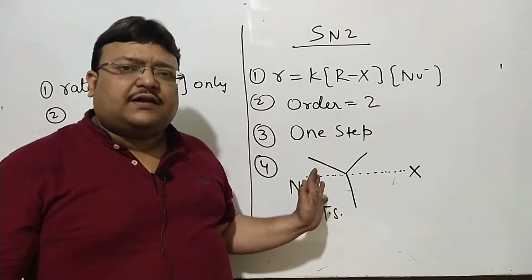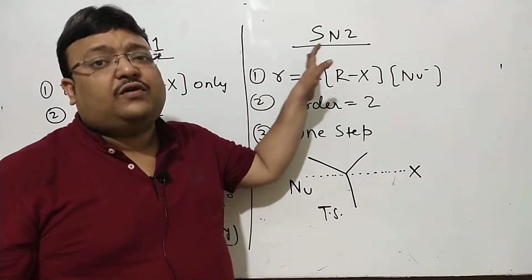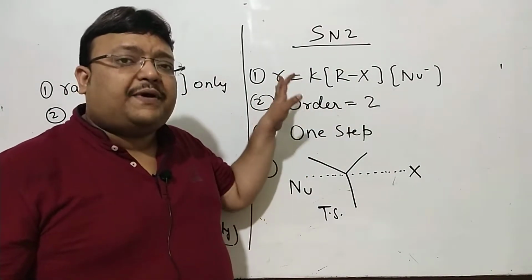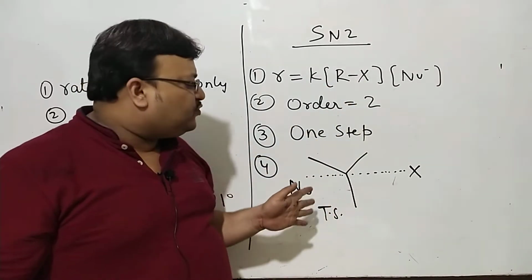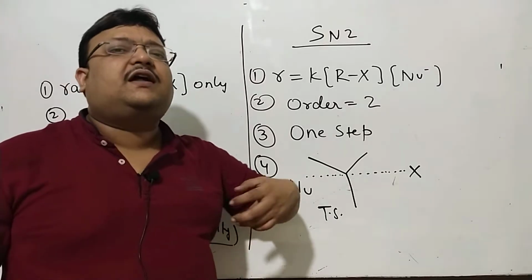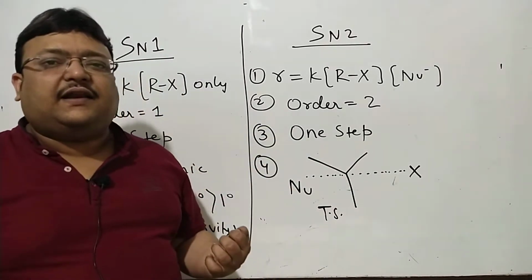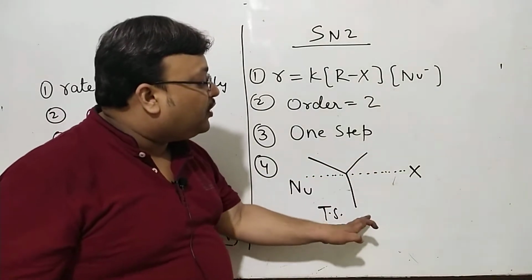For SN2 to happen, it needs to pass through this transitory state, and for this transitory state to be sterically formed, you will want these groups to be smaller.